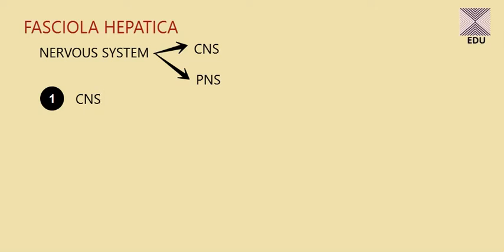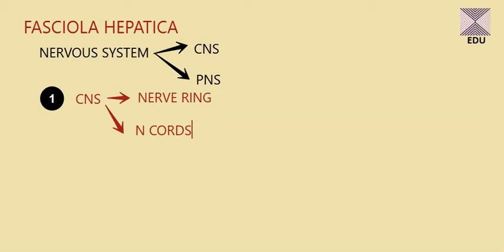Now this system is composed of, again, two components. The very first component is the nerve ring, and the second component of the central nervous system is the nerve cords.